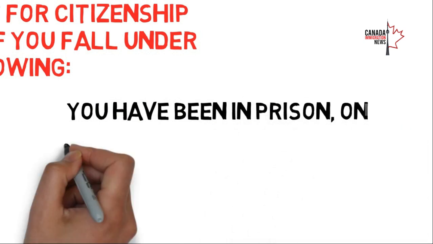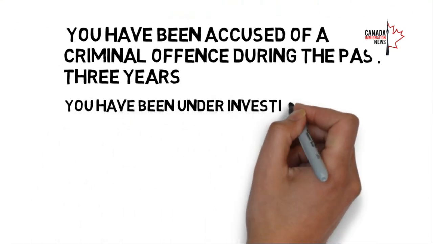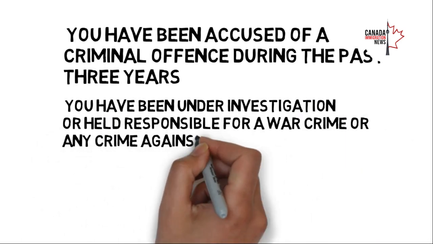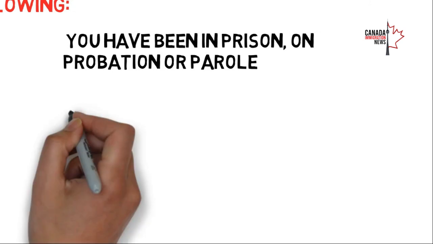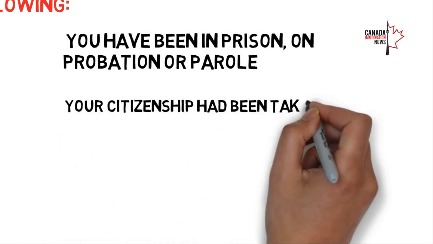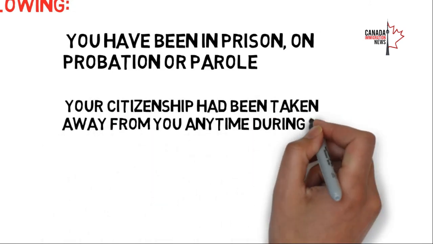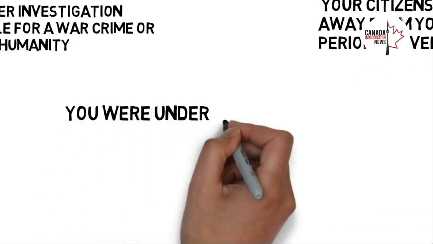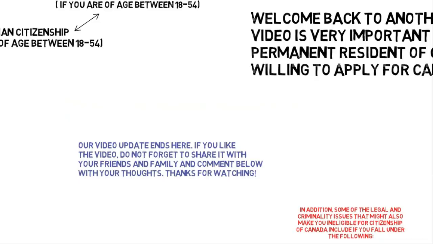You have been in prison, on probation or parole. You have been under investigation, or held responsible for a war crime, or any crime against humanity. Your citizenship had been taken away from you anytime during the past 3 years, or you were under a removal order from Canada.